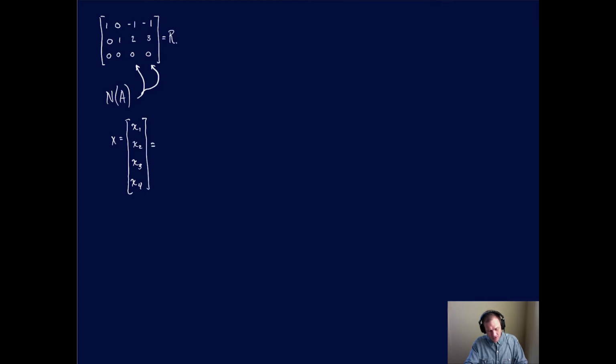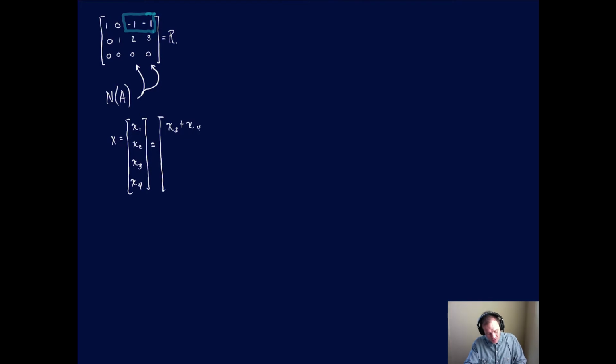Well, this is very simply x1. Remember, the null space is when this equals 0. So this just says that when we subtract x3 and x4 to the other side, we write this as x1 equals, those are going to become positive. So now I have an x3 plus an x4.